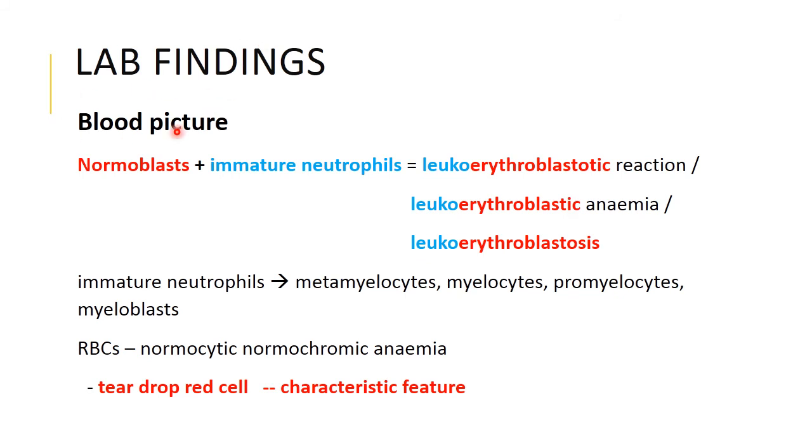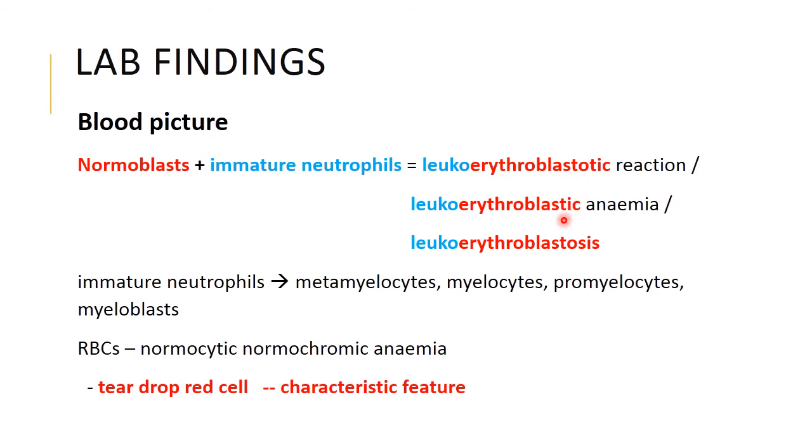Laboratory findings: the blood picture shows normoblasts plus immature neutrophils. This is one of the important features of myelopathic anemia. The presence of normoblasts as well as immature neutrophils indicates a particular reaction called leukoerythroblastic reaction, also termed leukoerythroblastic anemia or leukoerythroblastosis.